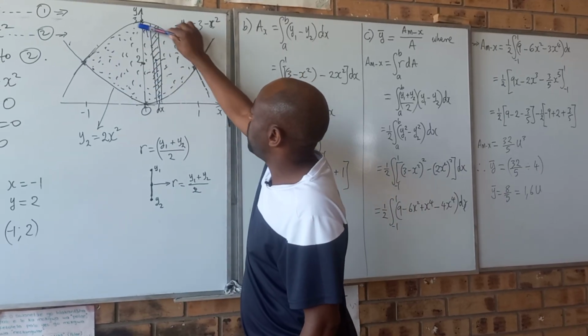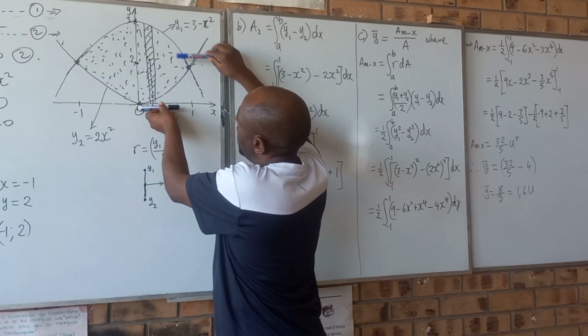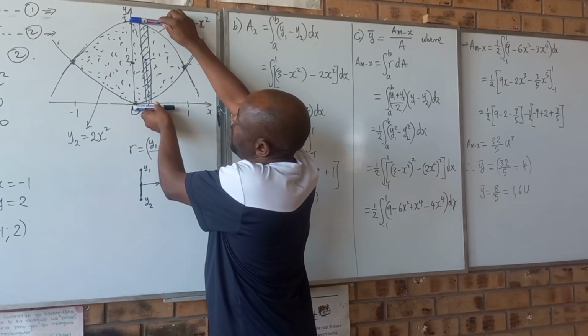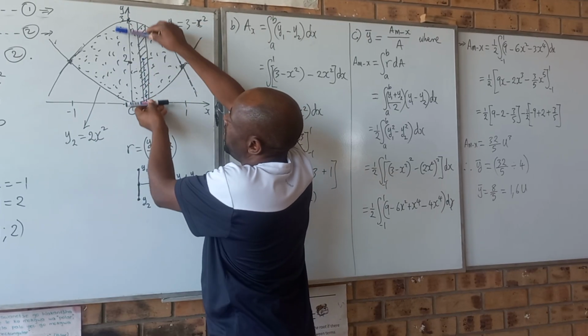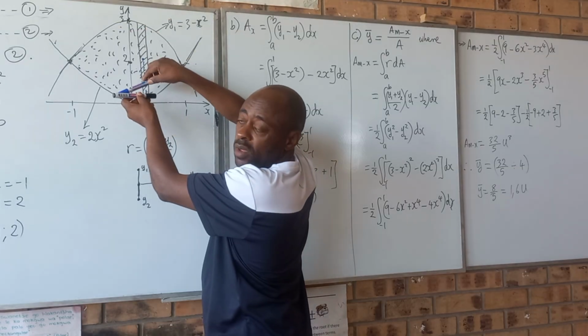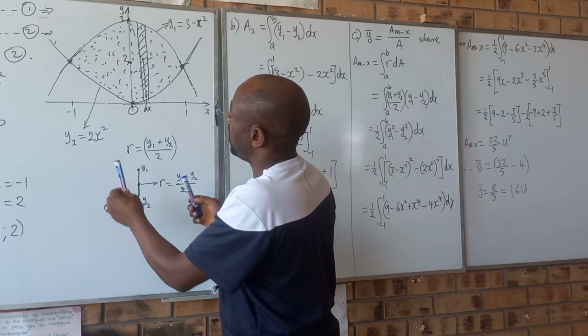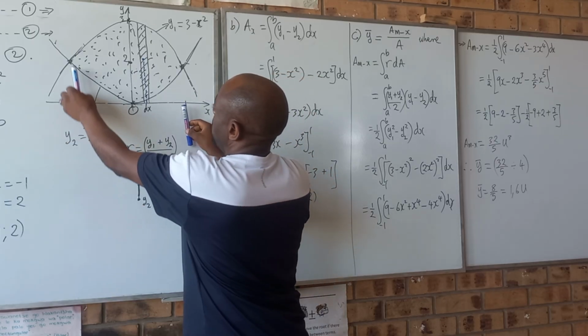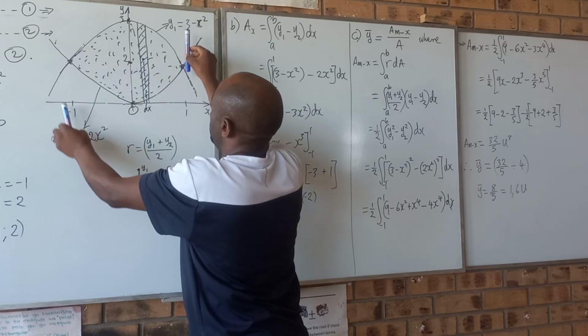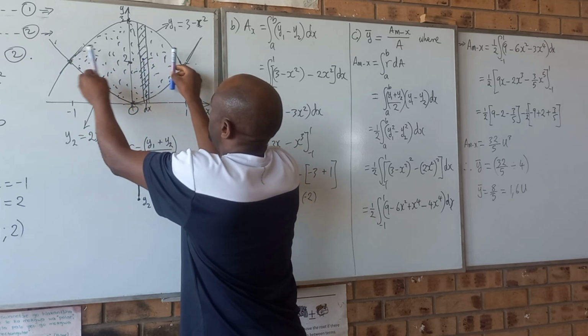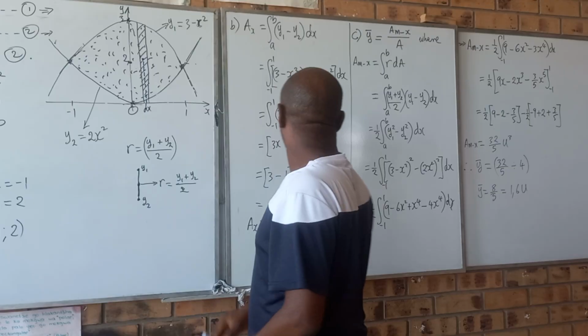If you look at the shaded portion on the y-axis, it lies between 0 and 3. For your answer to be correct, it must be a number between 0 and 3. If we're looking for the x value, which is the x bar or the x ordinate of the centroid, you see the shaded portion lies between 0 and 1. It should be an answer between 0 and 1 for it to be correct.